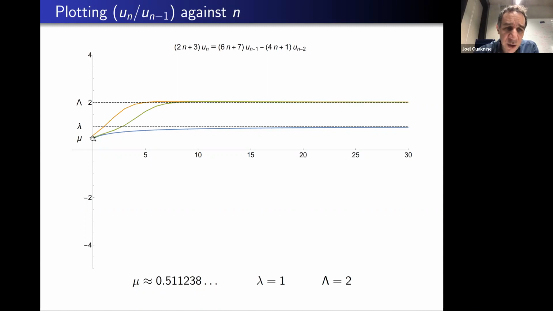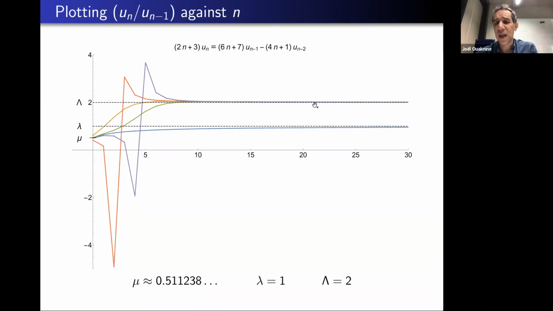And here's another instance in which I start closer, so I converge a little bit slower, but I eventually get there. If I start below, I will go negative, which means one of these terms at some point becomes negative, and then I go positive, and then I converge to big lambda as expected. And likewise, if I start just below the critical ratio, I eventually become negative, then I go here, and I converge to big lambda.